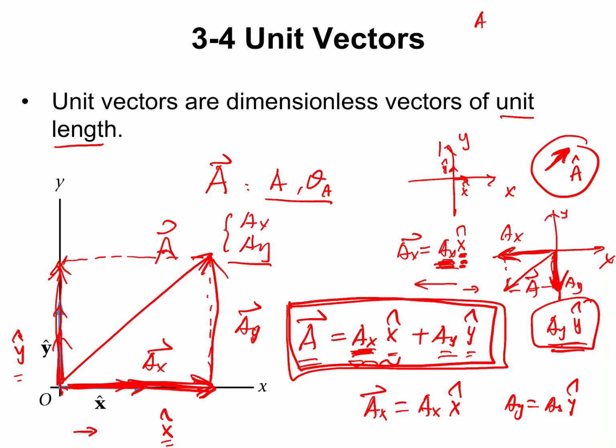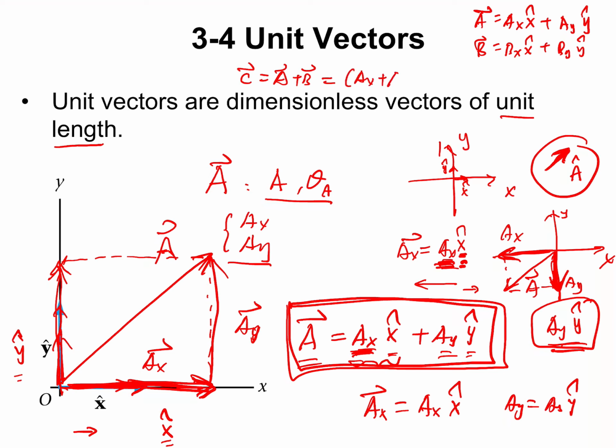So if A equals AX x hat plus AY y hat, B equals BX x hat plus BY y hat, and C equals A plus B, right? So what you do here is you just add all the x together, so AX plus BX times x hat, plus AY plus BY times y hat.